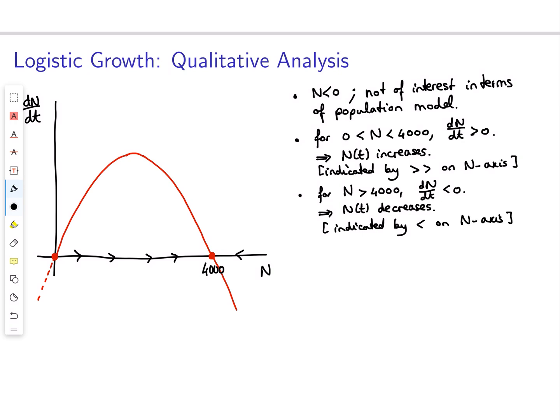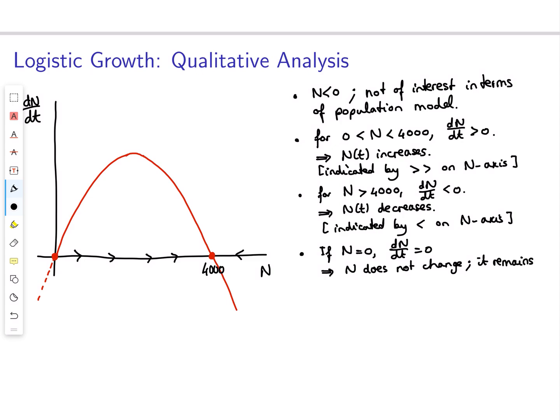Okay. Now we've skipped a few points. In particular, if N is exactly equal to 0, then, well, we're sitting at an N-intercept, and so we know that dN/dt is equal to 0. And that implies that N does not change. It remains 0.